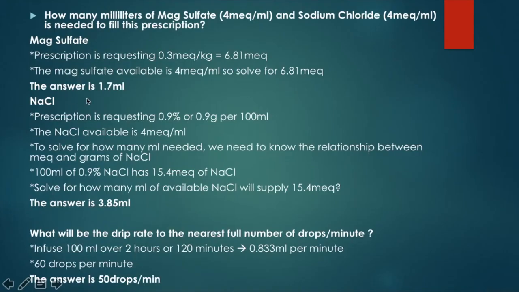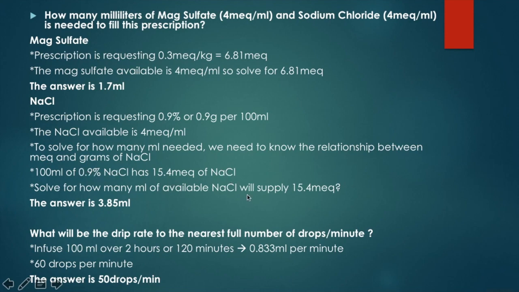For the NaCl, you need 0.9%. 0.9% is 0.9 grams per 100 ml. The NaCl is 4 MEQs per ml. So to solve for how many mLs you need, you need to know the relationship between MEQs and grams of NaCl, and you just literally need to know one of them. 100 ml of 0.9% normal saline has 15.4 MEQs of sodium chloride.